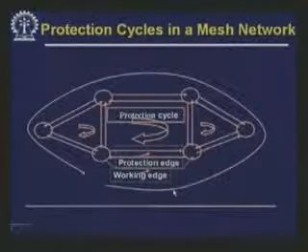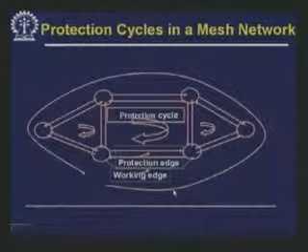We talked about protection cycles in a mesh network. Now for protection cycles, what we try to do is form a cycle of provisioning of light paths, let us say. The point in a cycle is that if we are going through some arc of the cycle, and some link in between breaks, you can always go in the other direction.